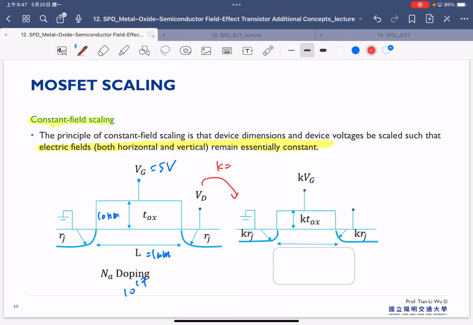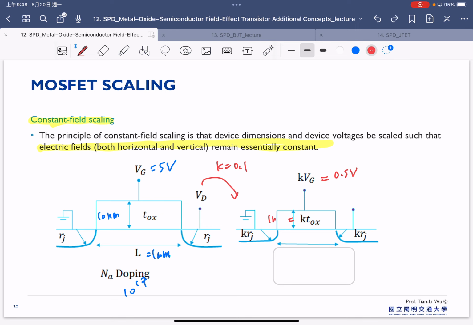For example, let's assume our K factor is 0.1. That means if we move to the next generation, to keep the same electric field, we have to make sure our voltage bias cannot be higher than 0.5 volts. In this case, because we fix the electric field, our oxide thickness can only be 1 nanometer.